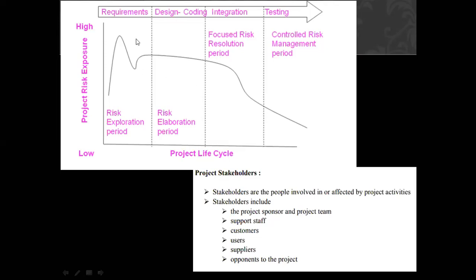During the requirement phase, it is very high. Why is this risk very high when we are utilizing the waterfall model? Because we are not performing testing step by step. We are not reviewing what design has been made. We are not reviewing what implementation has been performed according to modules. So that's why the risk is certainly high up to this part.